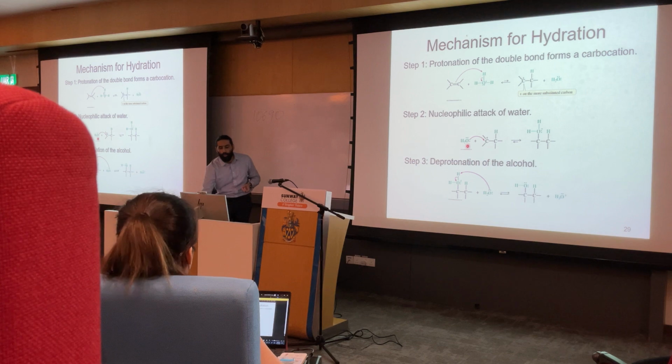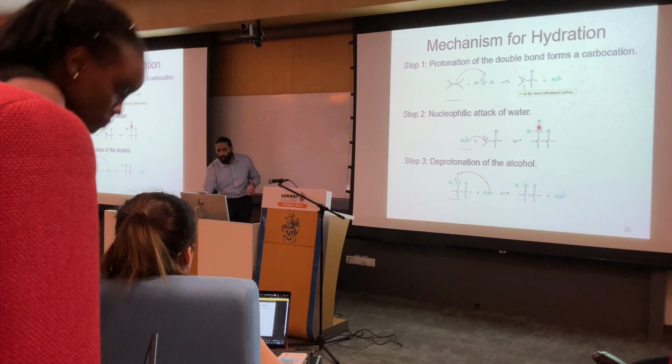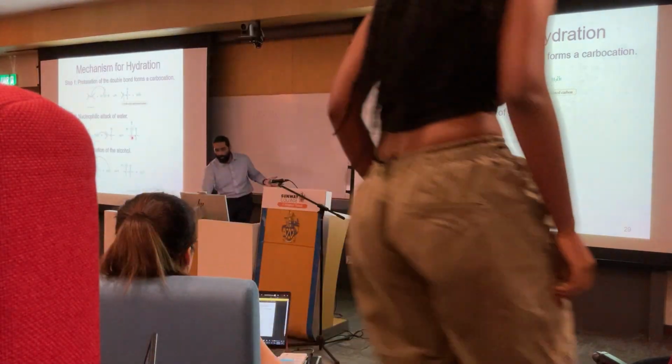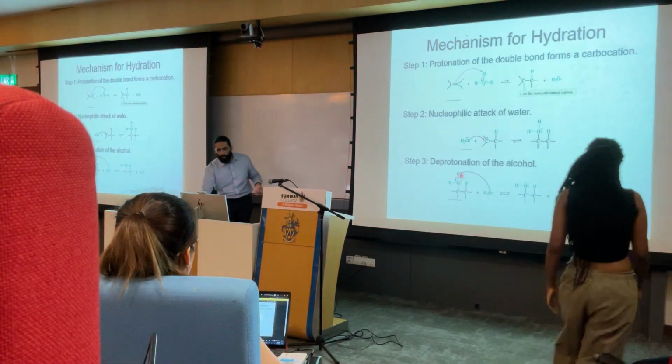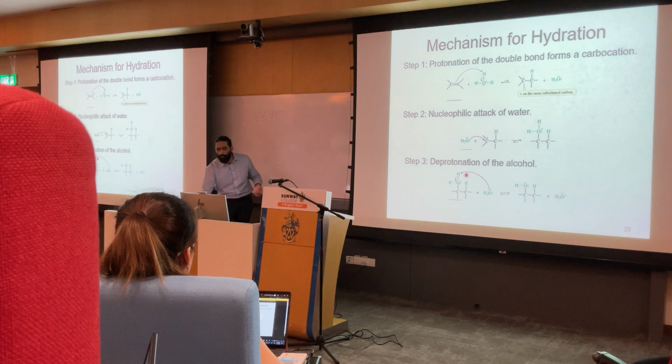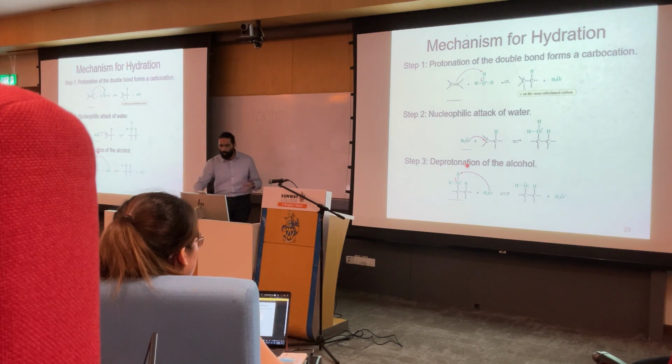Now the conjugate base of this acid, which was water, can attack the carbocation and we get the water molecule or hydroxonium ion attached to the carbocation carbon, where a further deprotonation, meaning removal of hydrogen, can occur by again the conjugate base.